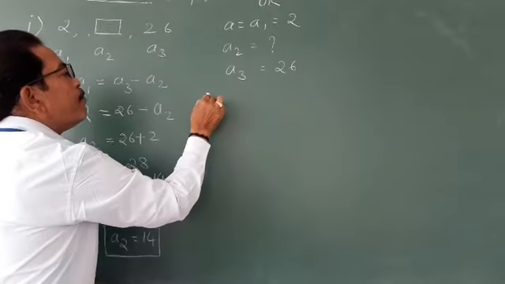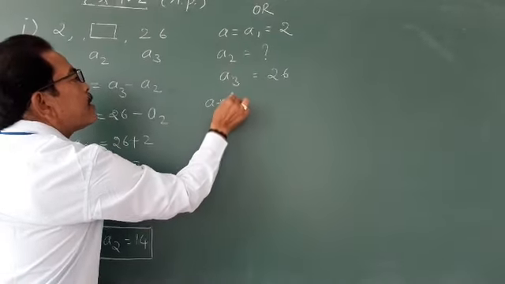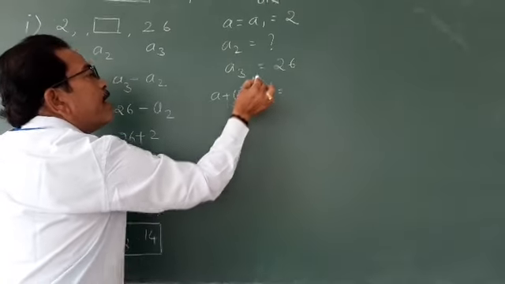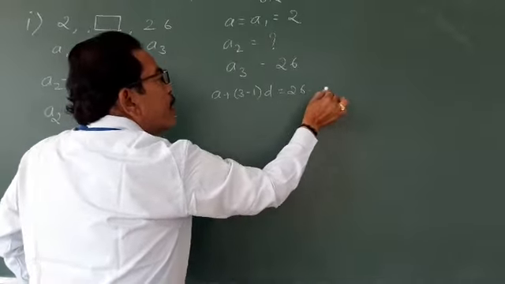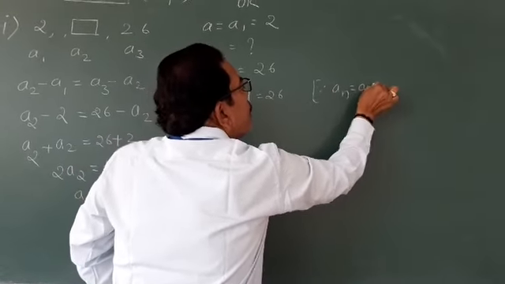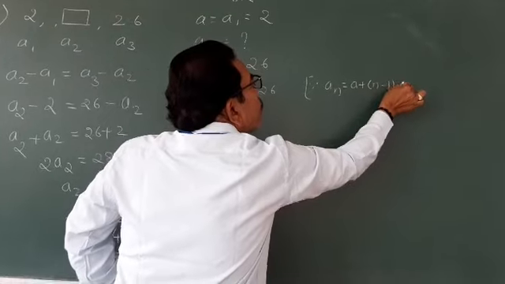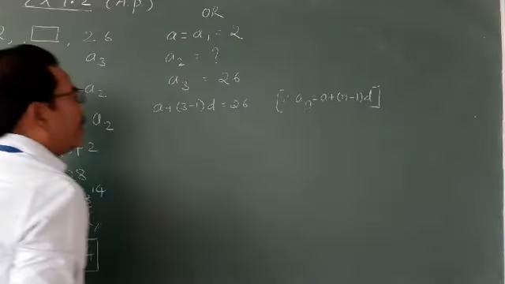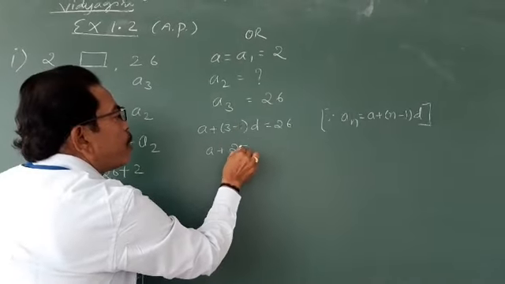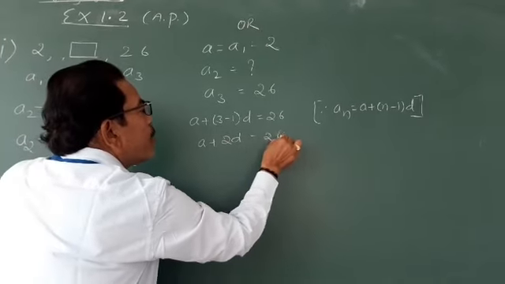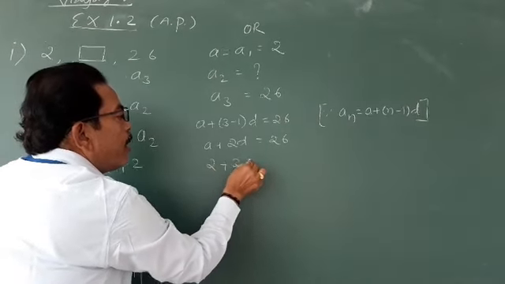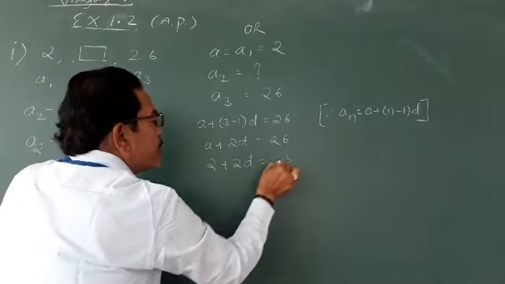A3 means a plus 3 minus 1 into d, which equals 26, using an equals a plus n minus 1 into d. So a plus 2d equals 26. A is 2, so 2 plus 2d equals 26.